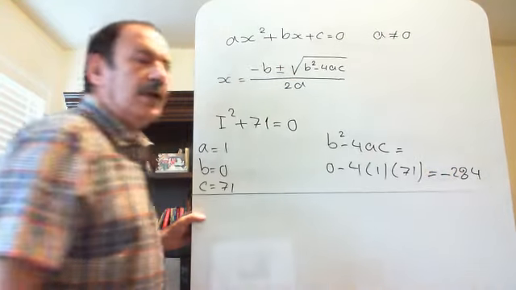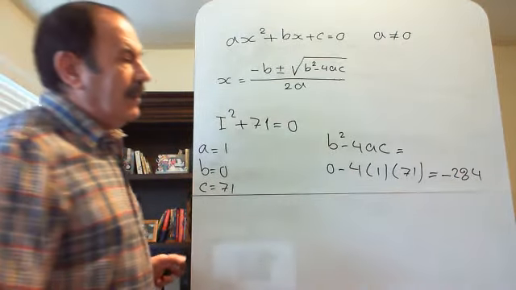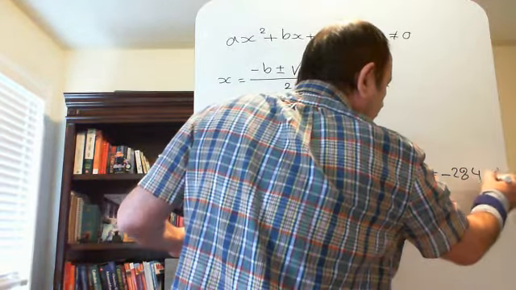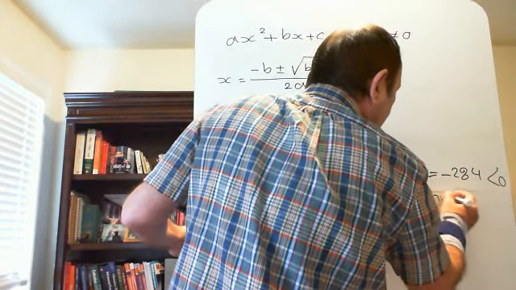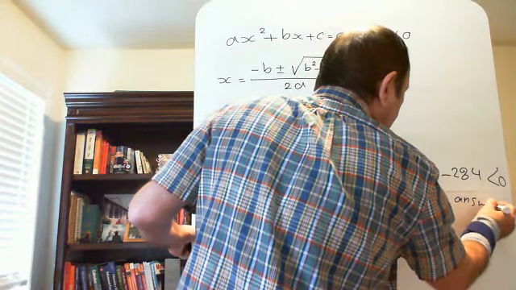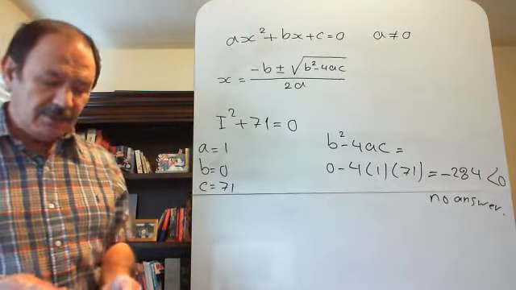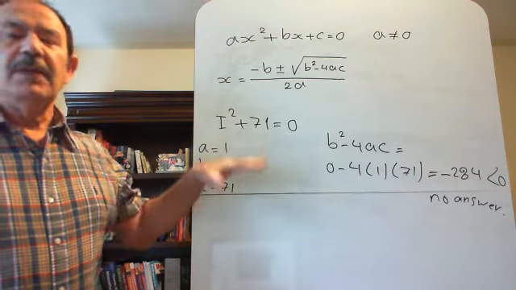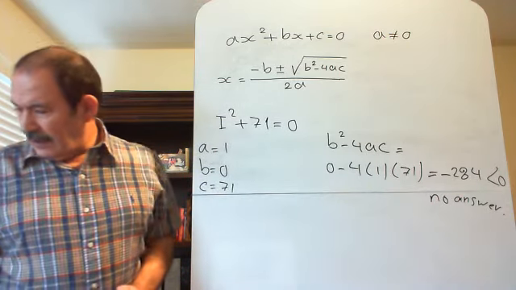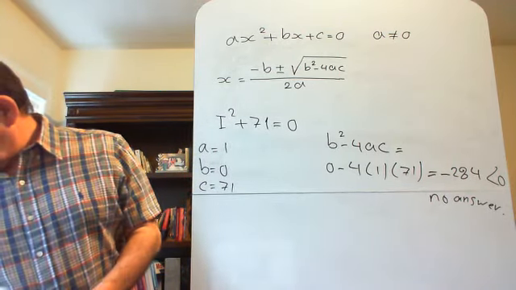It is negative 284, and because it's less than 0, there is no answer. As you see, we don't need to solve the equation because the question is asking to find the number of answers for this equation.